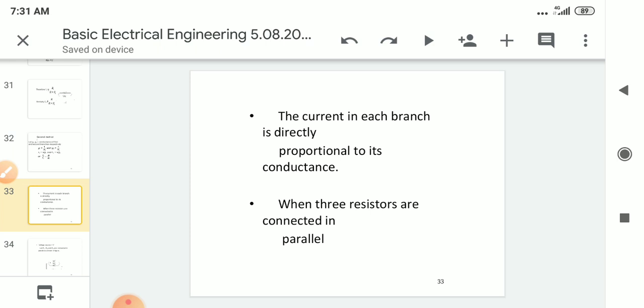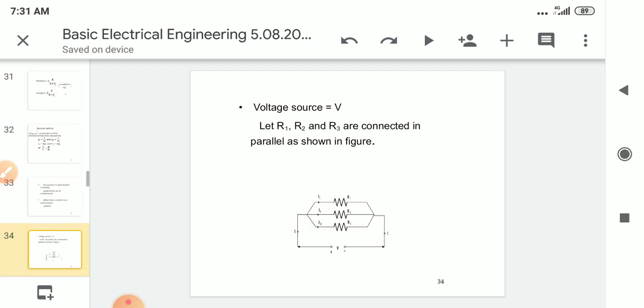When three resistances are connected in parallel, the same voltage source is applied. R1, R2, R3 are connected in parallel.